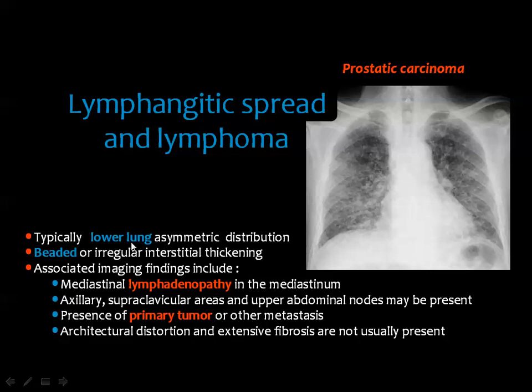The distribution is typically asymmetric in the lower lung lobes, and the interstitial opacities show a beaded appearance, as I will show you. Lymphadenopathy is not an essential finding to diagnose lymphangitis carcinomatosa, but it may be present in the mediastinum and also in the axilla. The presence of a primary tumor is very important for this diagnosis.